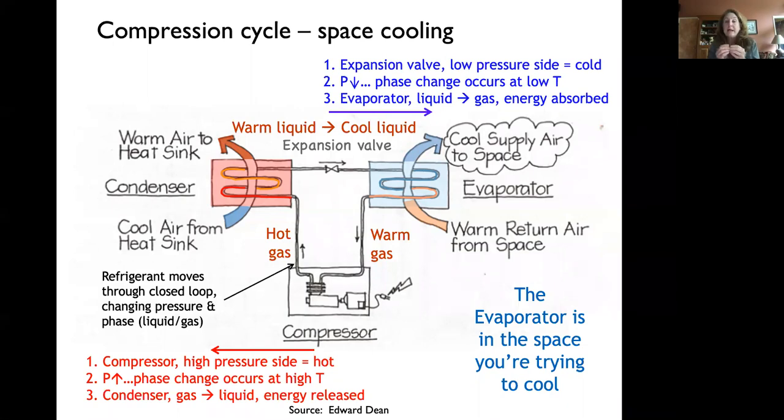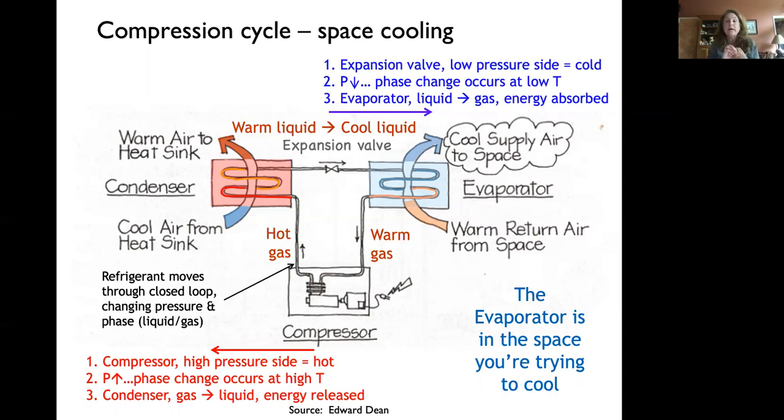Because it's a low pressure side, principle number 2, it can go through that phase change at the low temperature. Low pressure, low temperature. Principle number 1. Principle number 2, low pressure, phase change occurs at a low temperature. So now this liquid, as it starts to cool the surrounding space by absorbing its heat, it's going to evaporate.